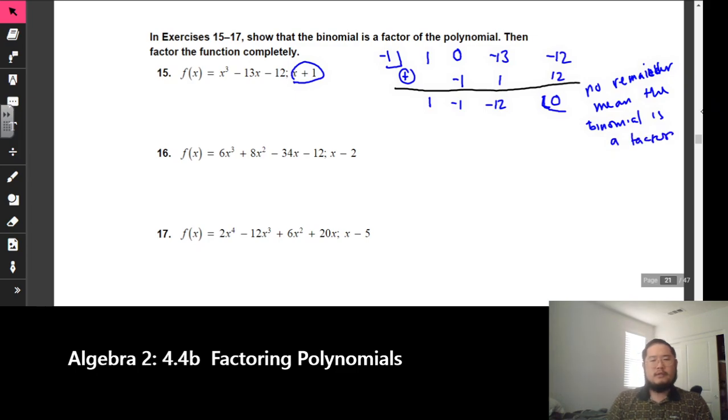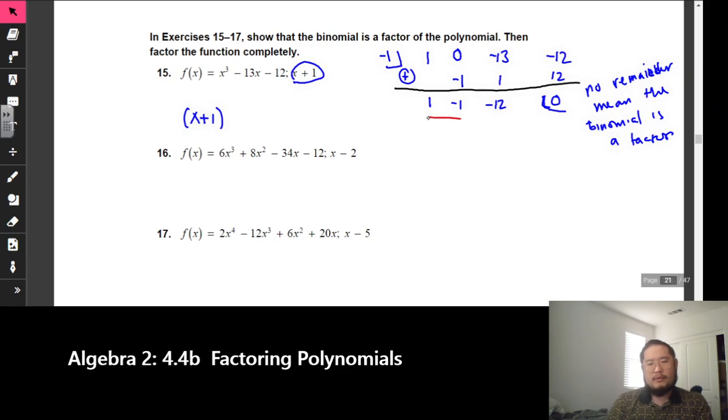Okay, so great. What am I going to do? I'm going to write x plus 1. That is one of our binomials. Well, we do have all this stuff left. Then we're going to factor the function completely.